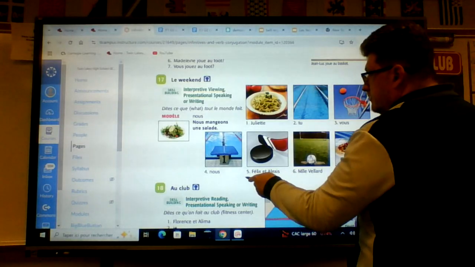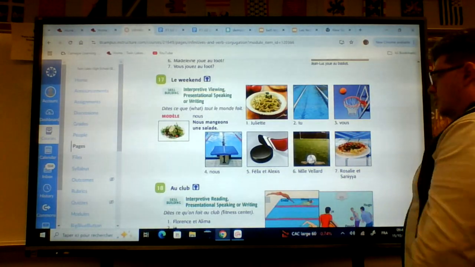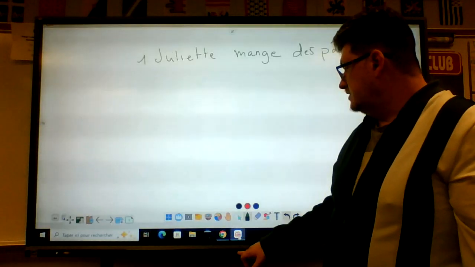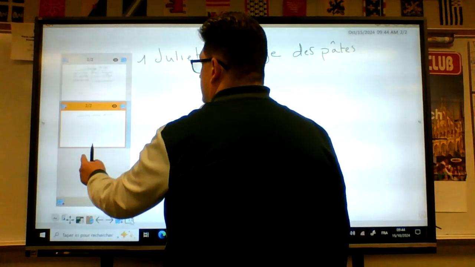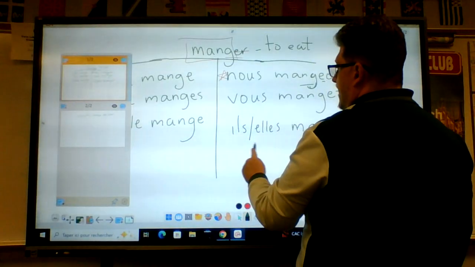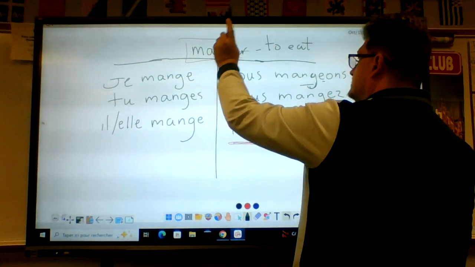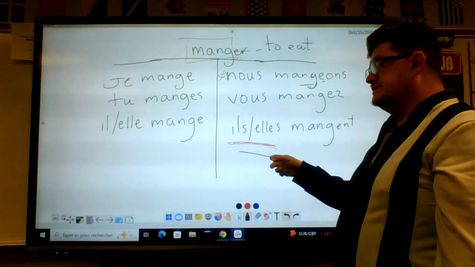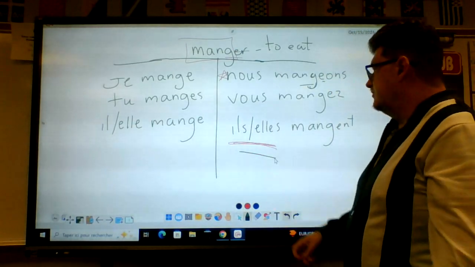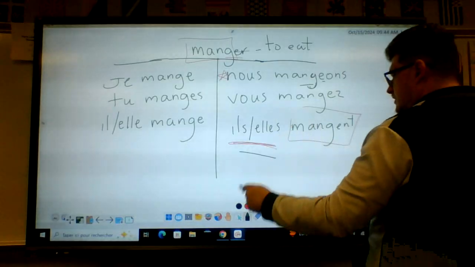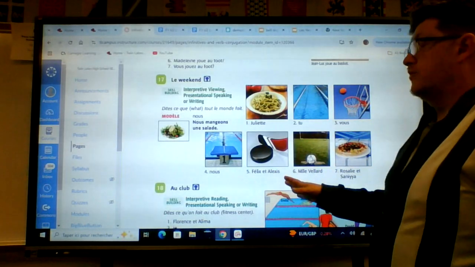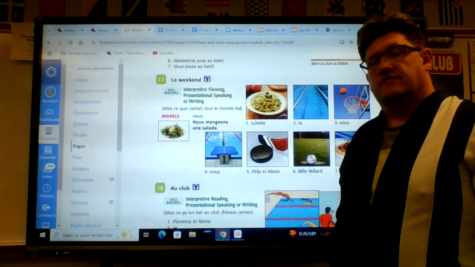When you have 2 people, like Félix and Alexis, Rosalie et Sania, what you have to do is conjugate like they, right? So these are your singular ones, these are your plural. If it's 2 people, you use they, right? So this is the verb form you would use with, for example, number 5 and number 7, but it won't necessarily be manger, it'll be whatever verb, right?